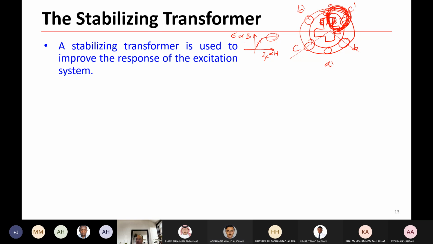If we don't have any saturation, if the magnetic path is linear, the reluctance of the iron is 0, meaning permeability of iron equal to infinity, meaning no reluctance for the iron. All the reluctance comes from the air gap only. The air gap reluctance is very high compared to the iron of course. So this is the air gap line.